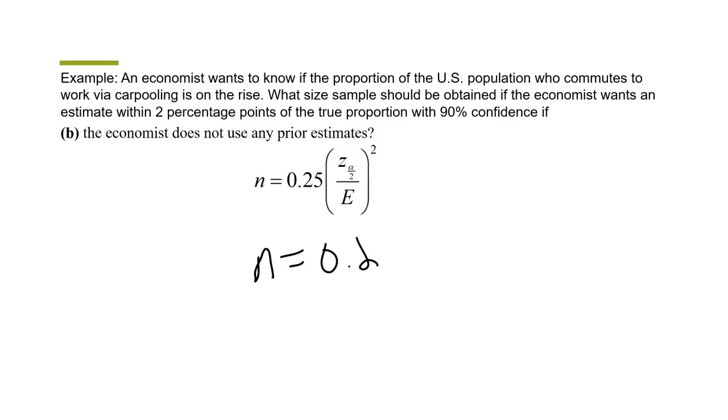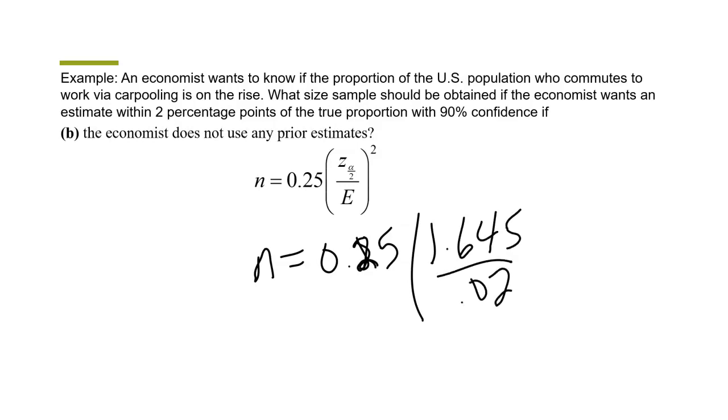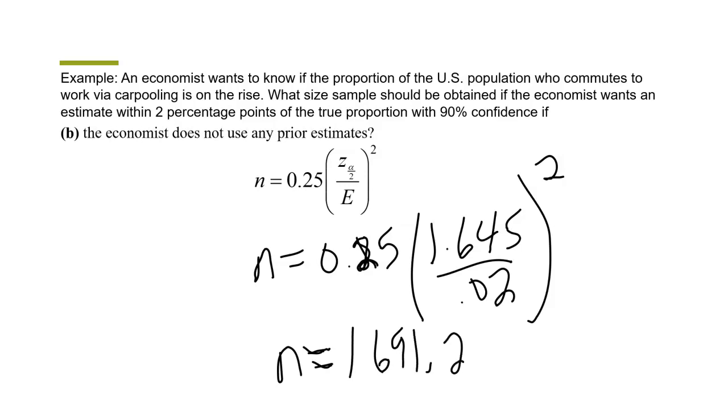So 0.25 times 1.645 divided by 0.02, squared. Again, do the division first, square that, and then multiply by 0.25. If you multiply that out, you get approximately 1,691.266.